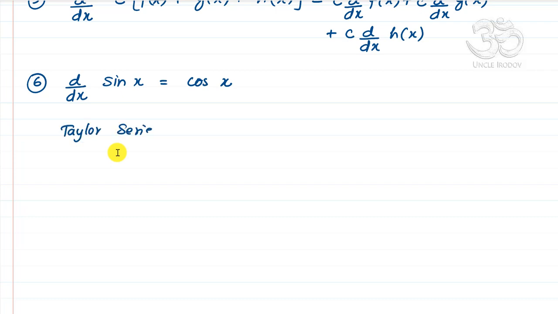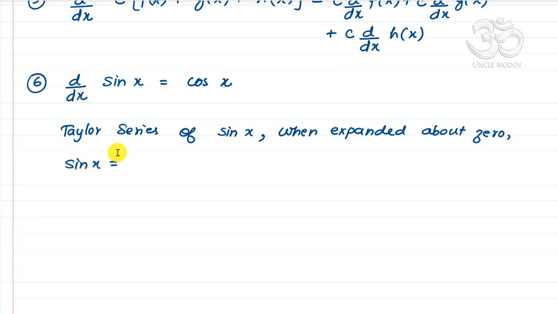Yeah, the Taylor series of sine x when expanded about 0. So you don't have to worry about these words, but you should know the series. When expanded about 0, sine x is equal to, it starts with x, right?